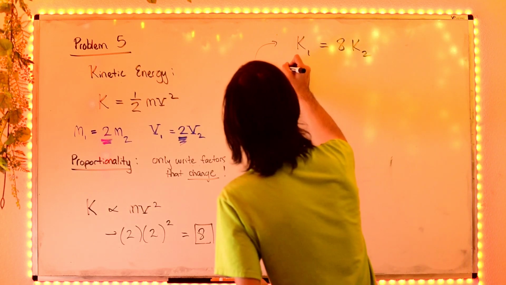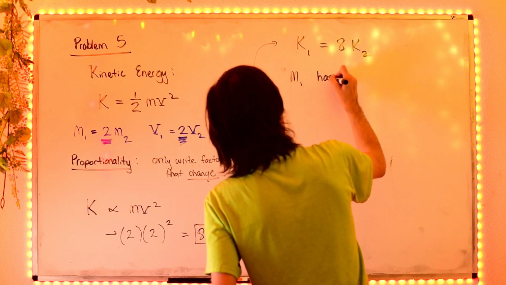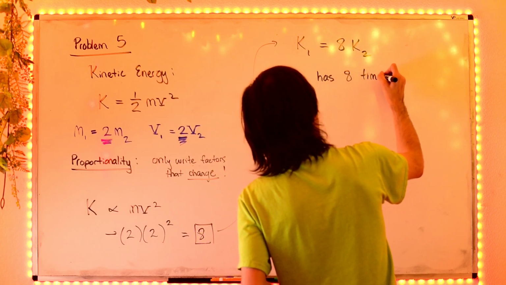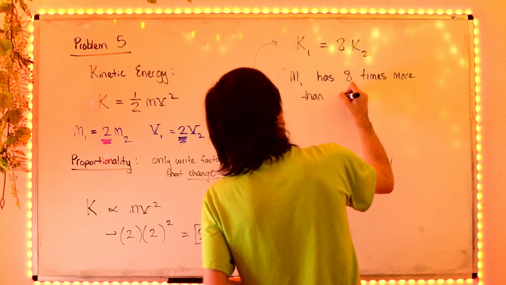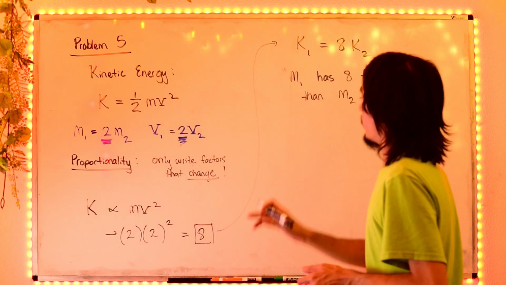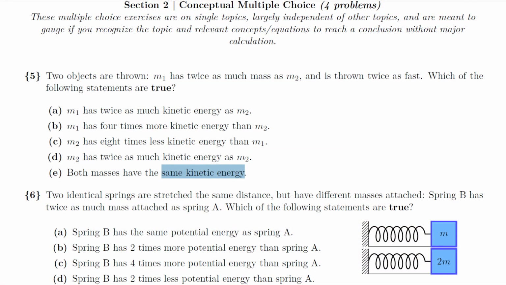So this reads M1 has 8 times more than M2. But now if you look at the way that this is worded, it's actually M2 has 8 times less kinetic energy than M1. It means the exact same thing, it's just the opposite way around.